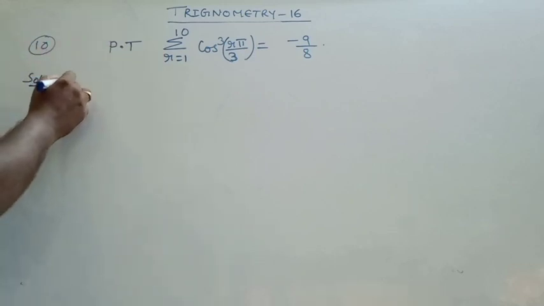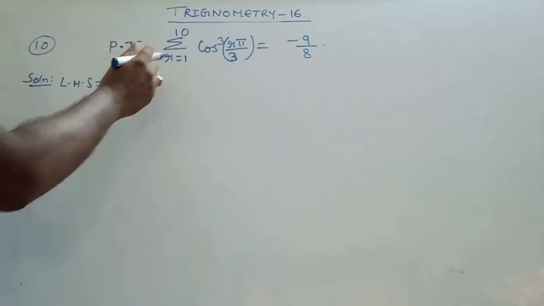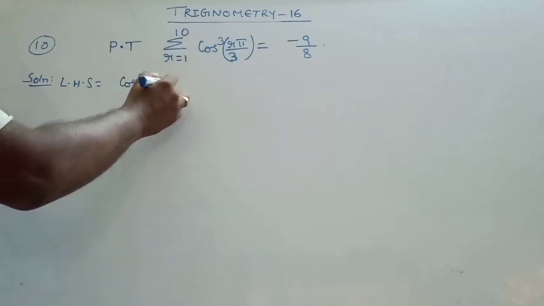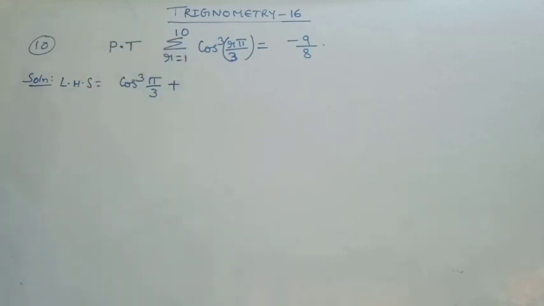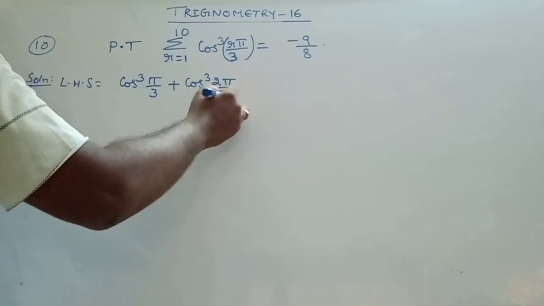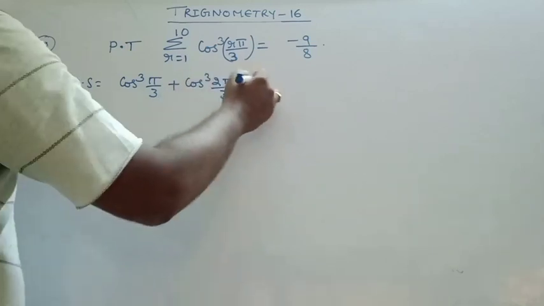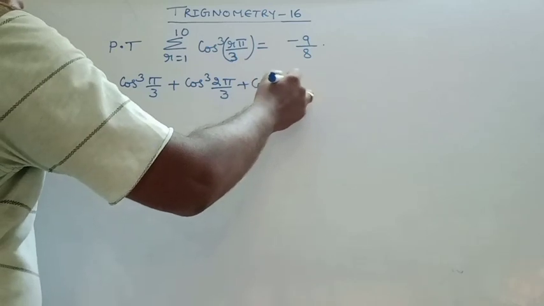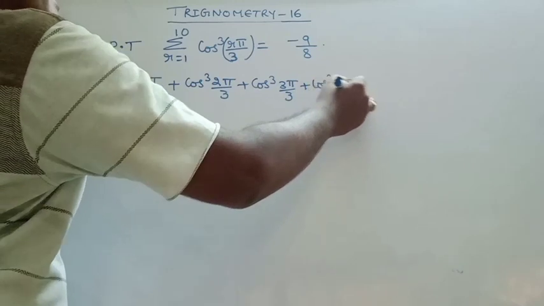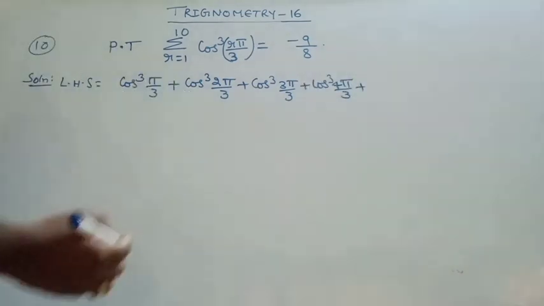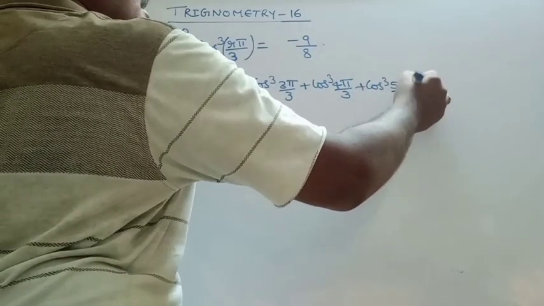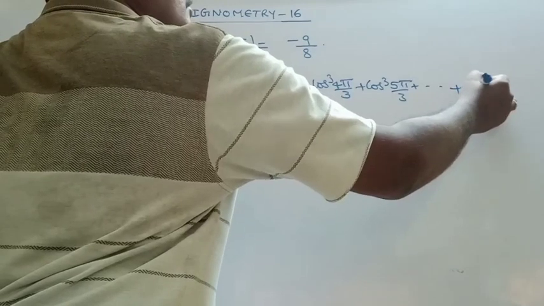Let us expand this. Left hand side, first one, when r is equal to 1, this becomes cos cube pi by 3, plus, sigma means summation, r is 2 means cos cube 2 pi by 3, plus next cos cube 3 pi by 3, plus cos cube 4 pi by 3, plus cos cube 5 pi by 3, and so on up to cos cube 10 pi by 3.